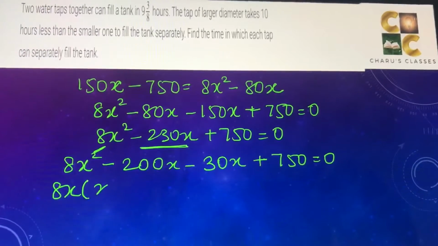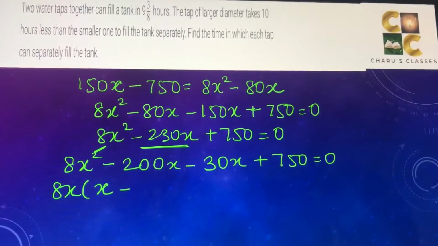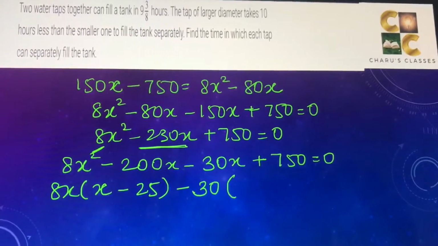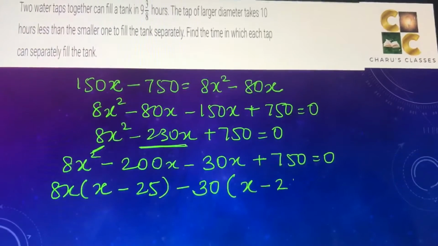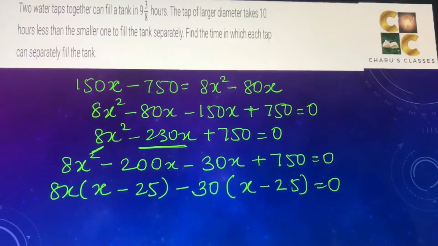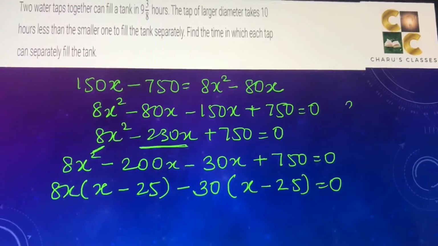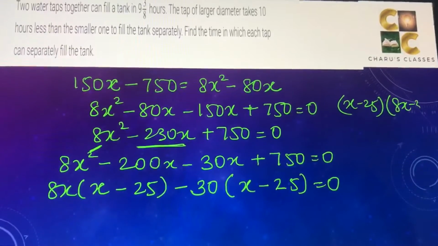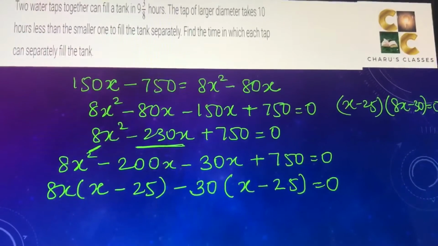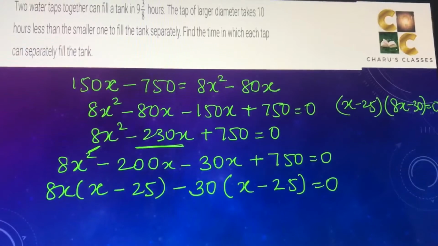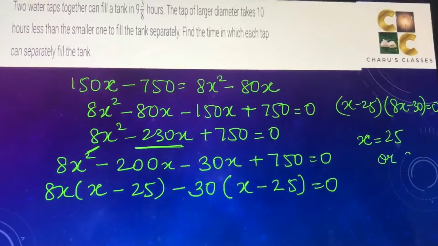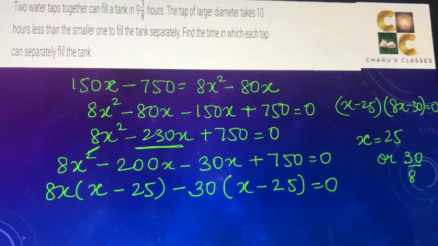Taking 8x common from the first two terms, this will give x minus 25. And taking minus 30 common from the next two terms, this will also give x minus 25. So either x minus 25 is 0 or 8x minus 30 is equal to 0. Which means the value of x is either 25 or it is 30 by 8.